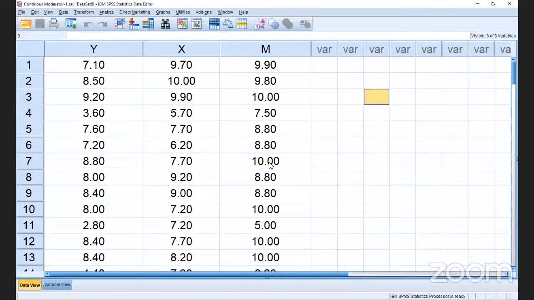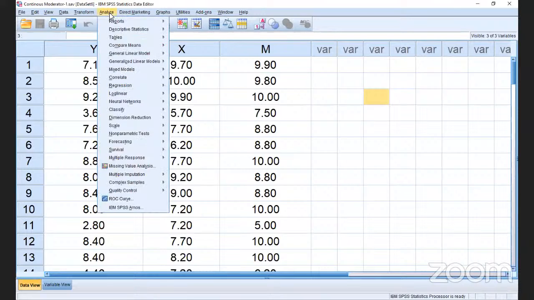Okay, so through correlation, again we can find all the three variables are positively correlated. So we can check: Analyze, Correlate, Bivariate.